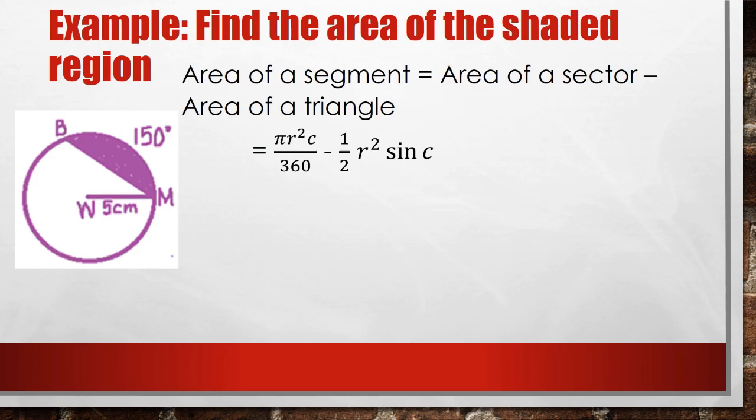Kaya, para sa area ng triangle in a circle, we will use sine C. Again, C refers to the measure of the central angle. Sine, napag-aralan ninyo naman ng grade 9, di ba?